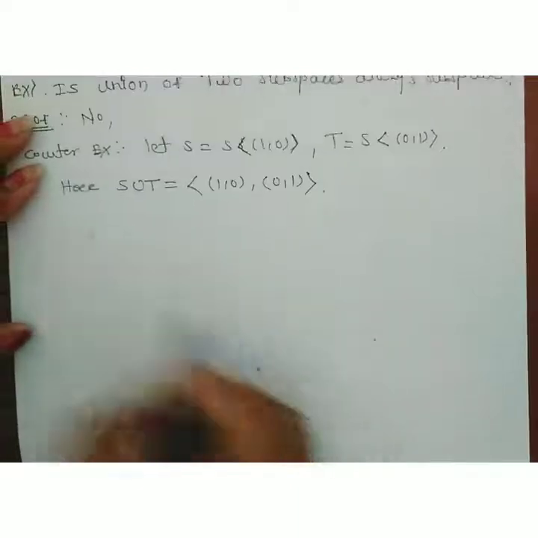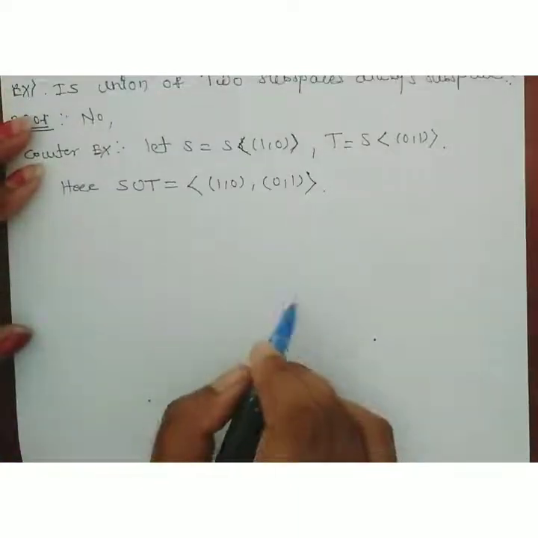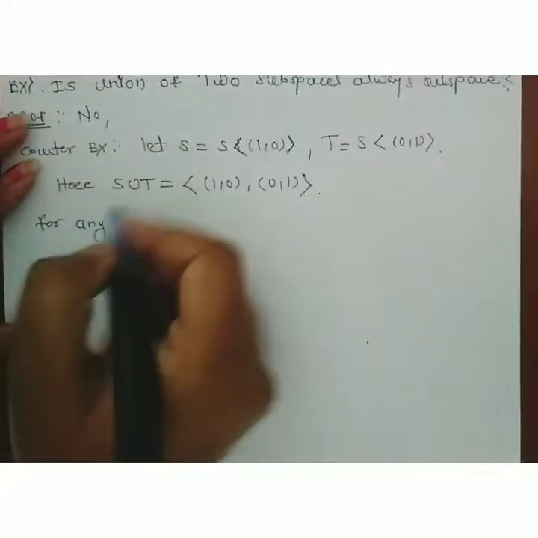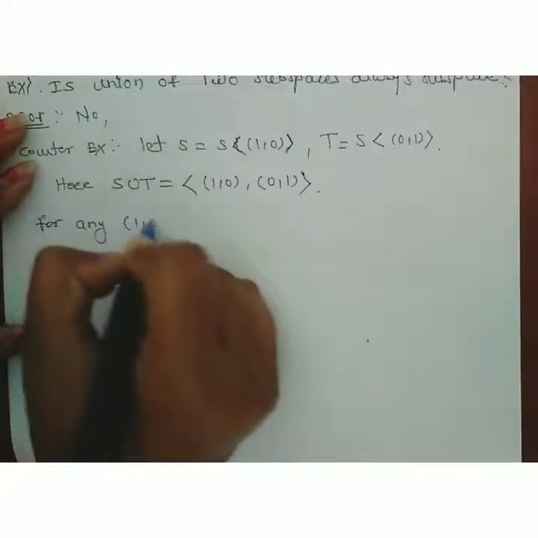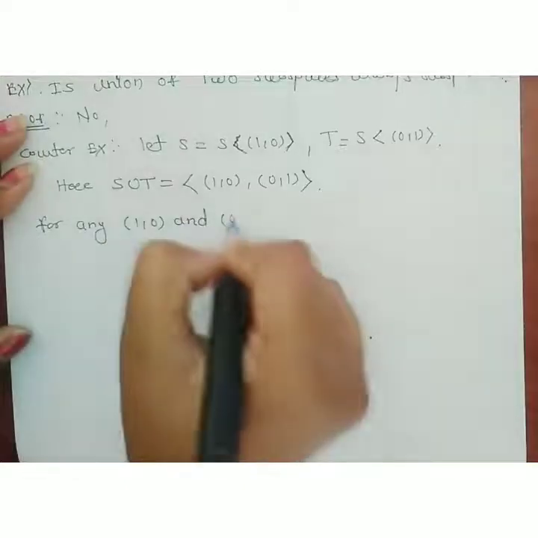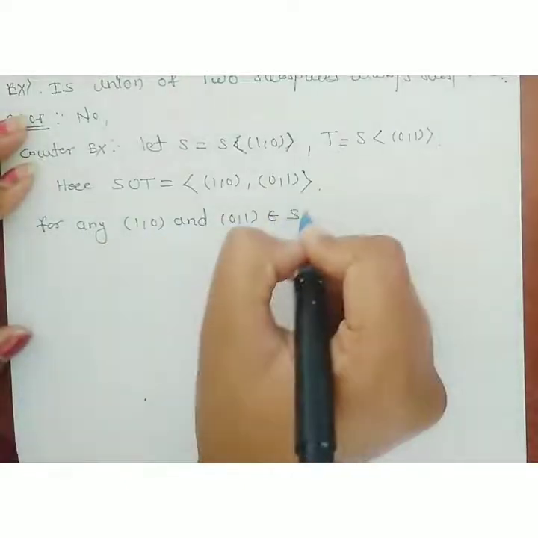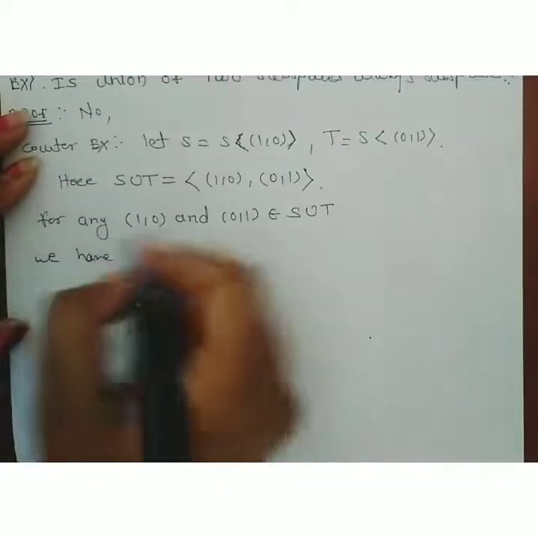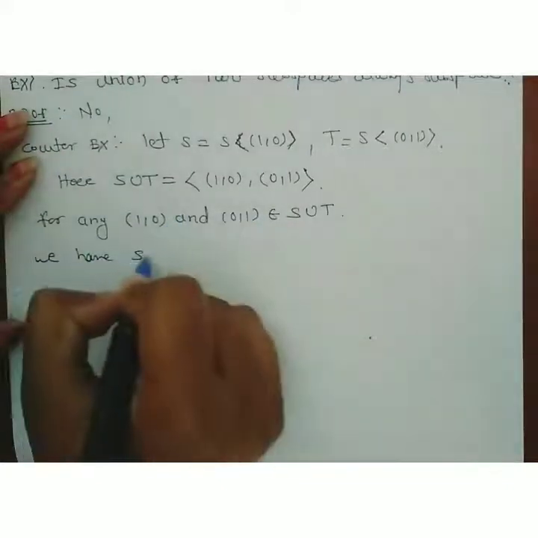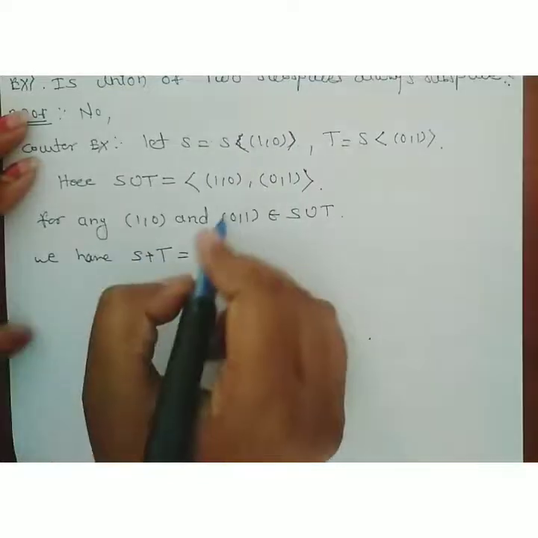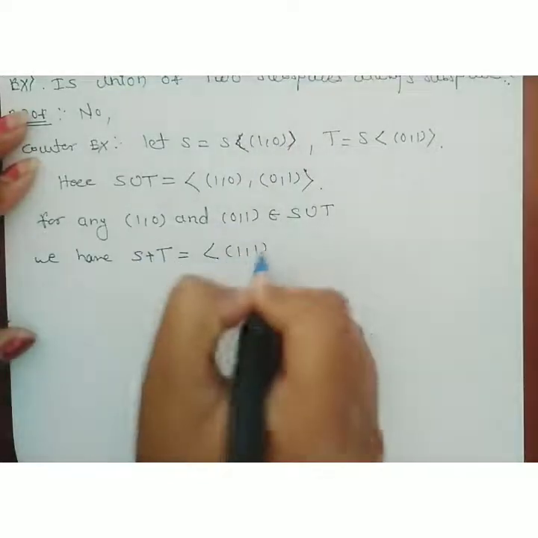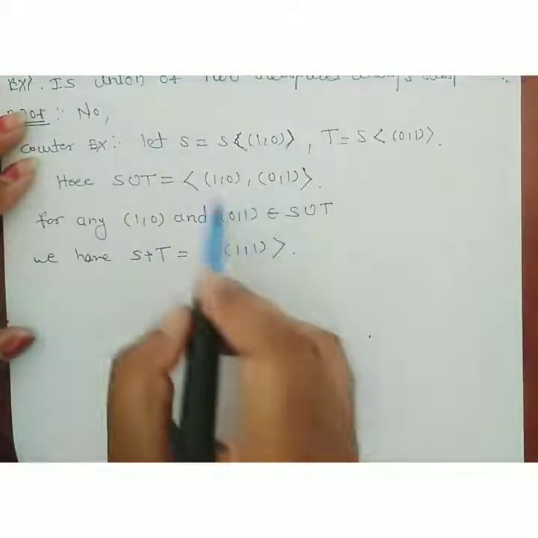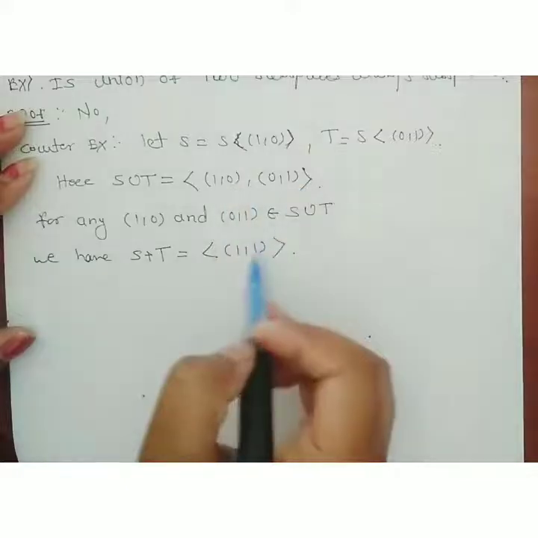Now we have to show that this is not a subspace. Consider the first property. For (1, 0) and (0, 1) belonging to S union T, what is the addition of these two? It is the element (1, 1): 1 plus 0 is 1, 0 plus 1 is 1.